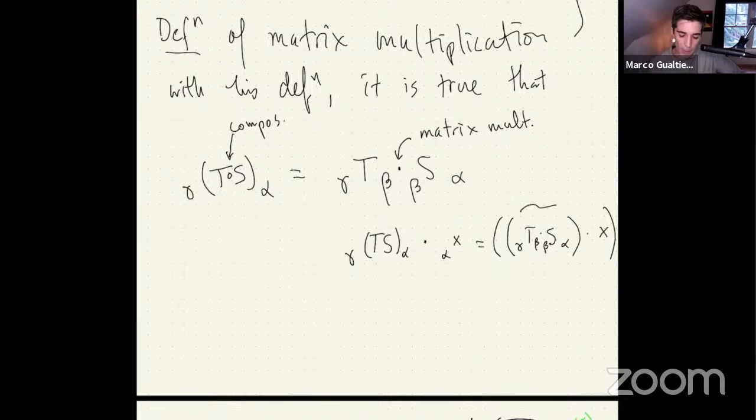So I'm supposed to multiply these, and then I'm supposed to multiply the result by X, right?